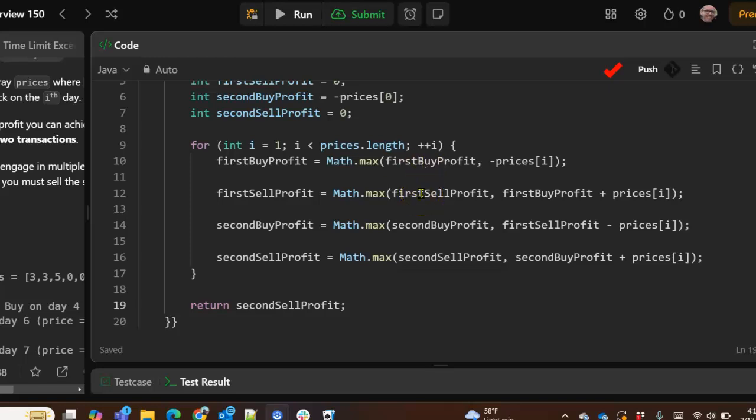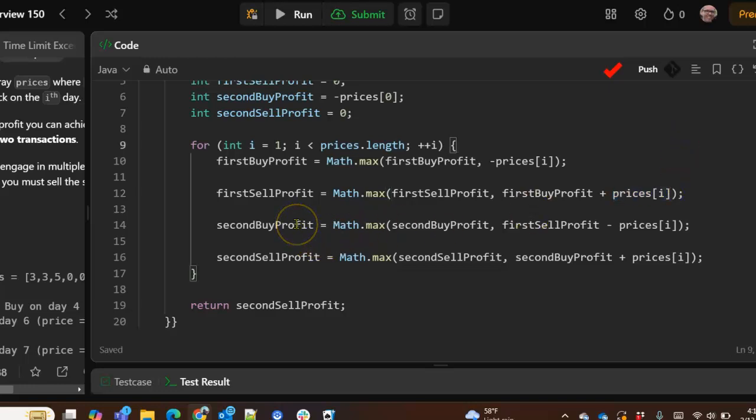Okay, first sell profit. It's equivalent to buying at the first buy and then selling here. So you get the first buy profit, whatever it was, plus today's price, which is where you're selling.